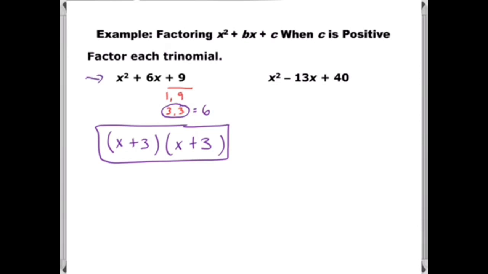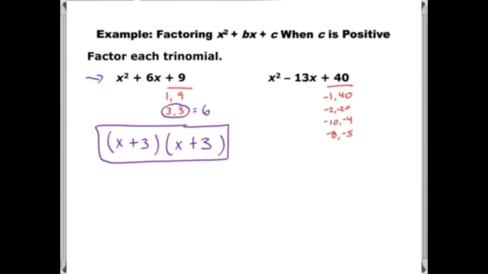All right, so let's do the same thing in the next example. We're looking for the factors of 40 that add up to be negative 13. Because the 13 is negative, both of our factors need to be negative. So we're looking at negative 1 and 40, negative 2 and 20, negative 10 and 4, negative 8 and negative 5.